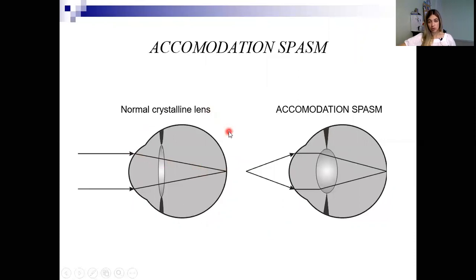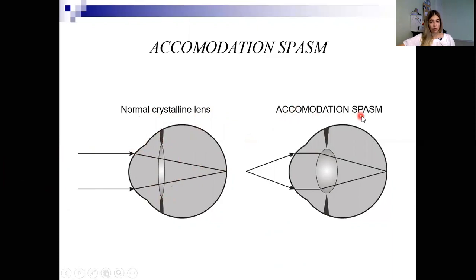So in case of a normal crystalline lens, we have the lens in the shape of an oval, and in this case we can see far away or in the middle.